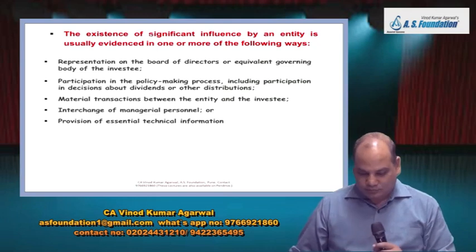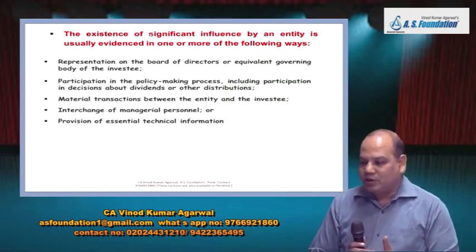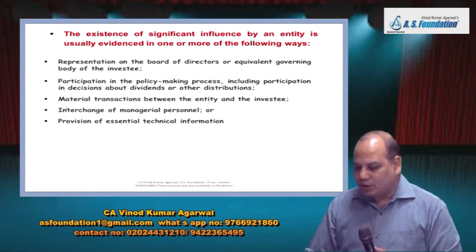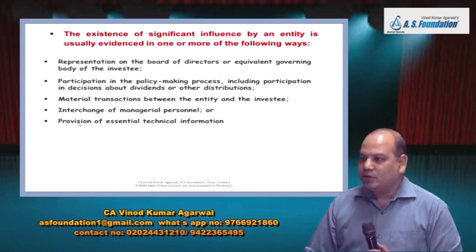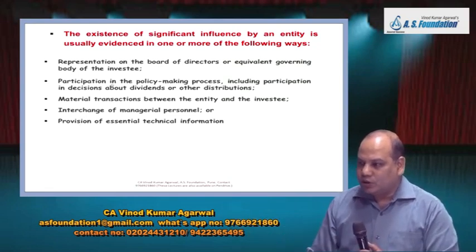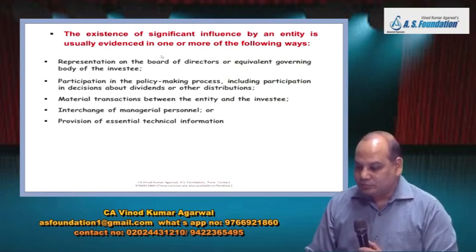The existence of significant influence by an entity is usually evidenced in one or more of the following ways. Usually means most of the time if you come across this kind of transaction between two entities, then you can go with the assumption that there is a significant influence, of course unless proved otherwise.